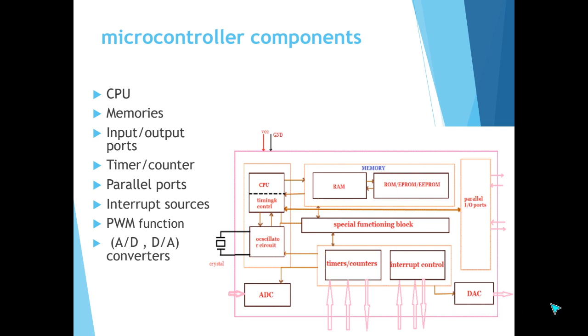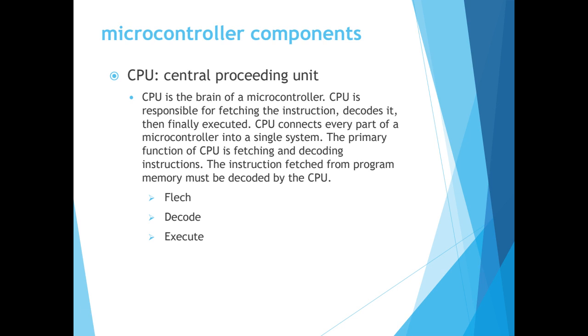It is including analog to digital and digital to analog converters. The main peripherals, such as input output ports, different memories, CPUs, and different components, will be talked about in detail in the next slides. I'm starting with the CPU, which is the central processing unit of our microcontroller.